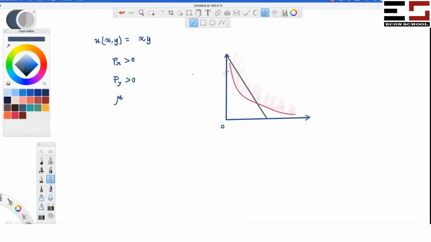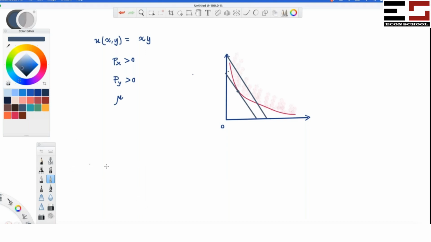Then you can try and achieve the lowest possible iso cost curve, given the constraint that you want to have a non-empty intersection with this constraint set. Clearly, this is the point that gives you that. And you can easily figure out the solution now.